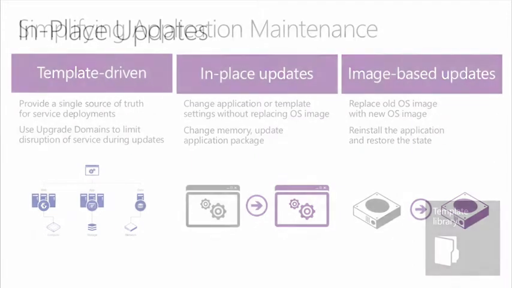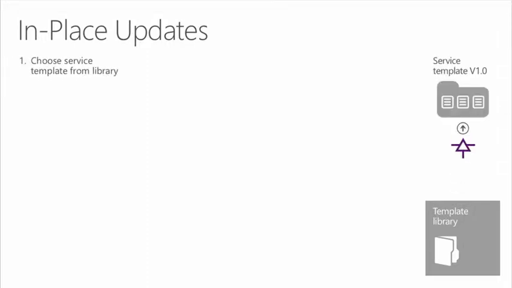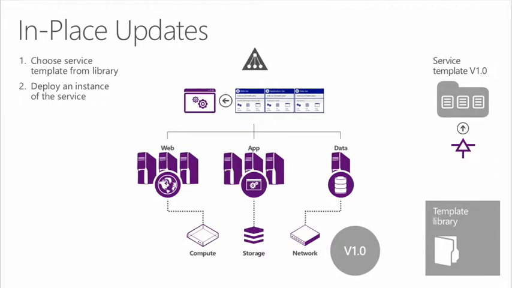If we look at the first one and how it works with an image-based update, I basically have this template library where I create a service template. That service template has all the different parameters of the different tiers, and basically I can deploy a service from this set of tiers. Once I've deployed that service, I may want to make a change to one of the tiers.